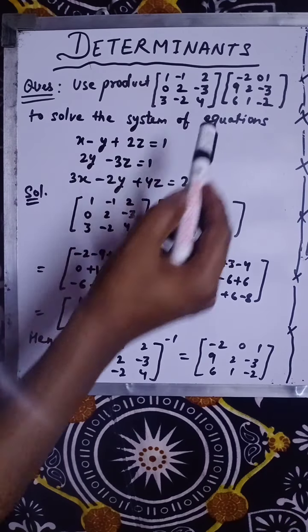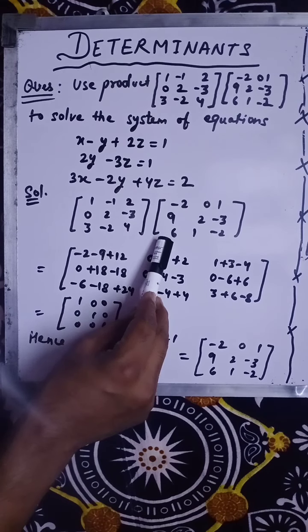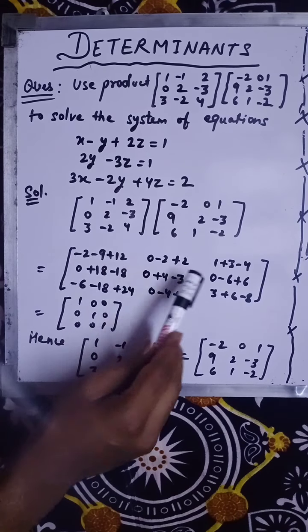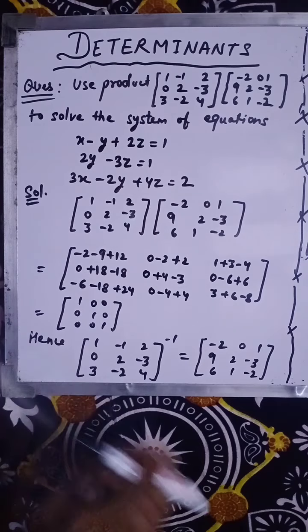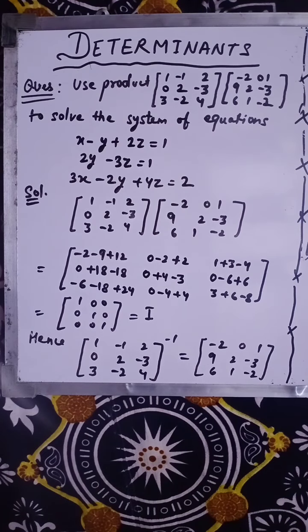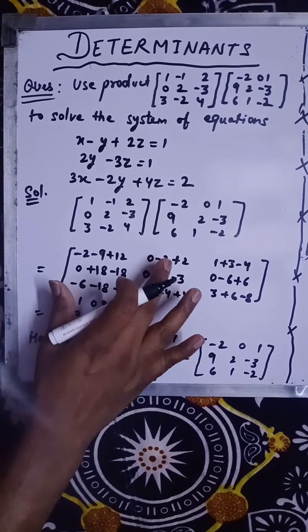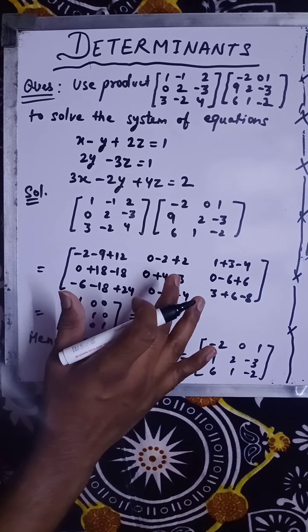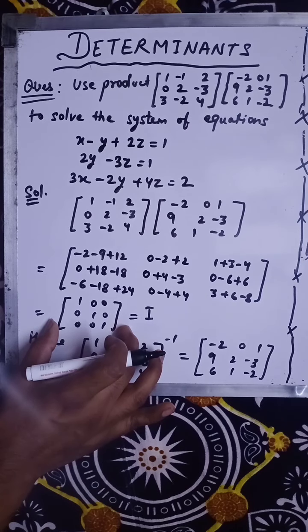So I'm writing these two matrices here, and I'm going to find the product. The product of these two will be this. This is your identity matrix. After multiplying these two matrices, you will get this identity matrix.